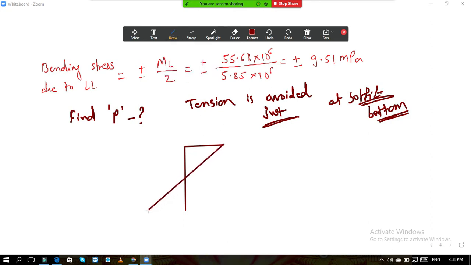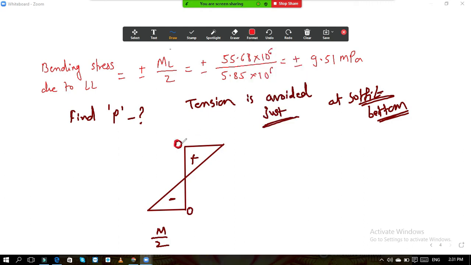For the M by Z diagram, it may be for dead load, maybe for live load, don't think about that. So this is your zero line.